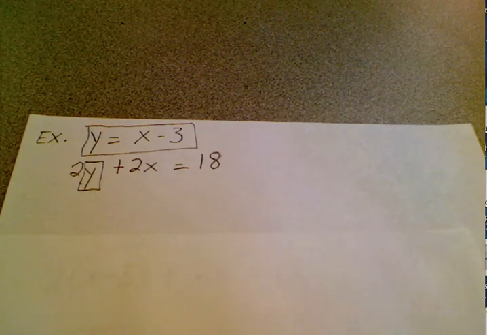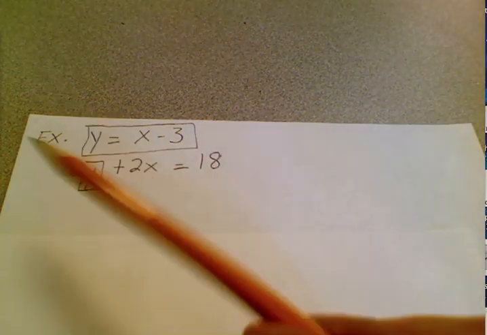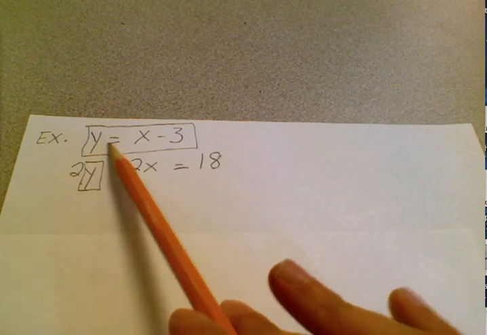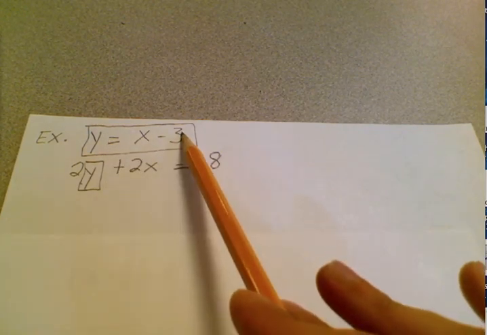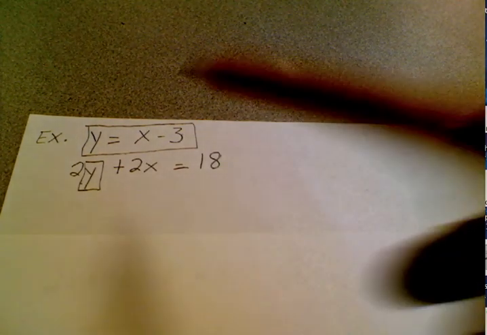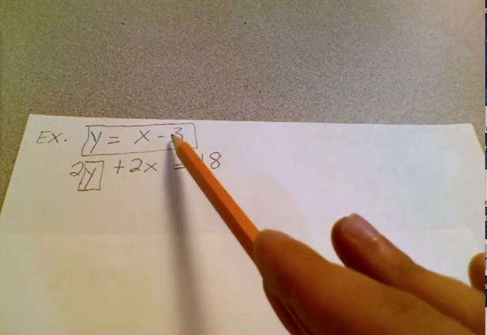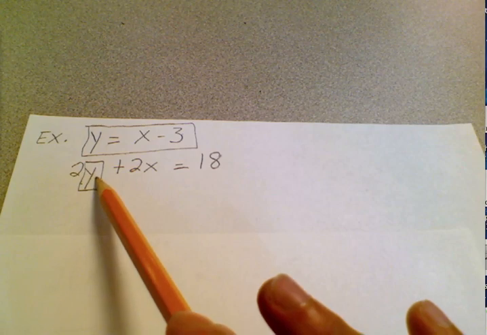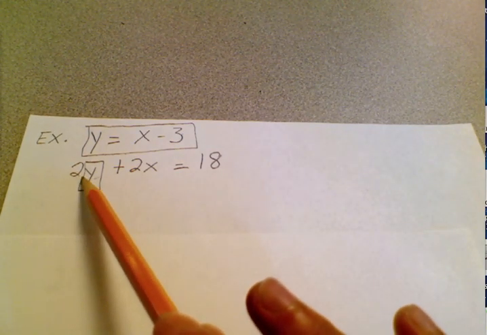This is going to give me a little bit of a hint about what I need to do. If you remember, this method is called the substitution method. So here's how this is going to work. We know what y equals right now. It tells us right here that y equals x minus 3. So what we're going to do with x minus 3 is substitute that in for y down below. Again, this means 2 times y.